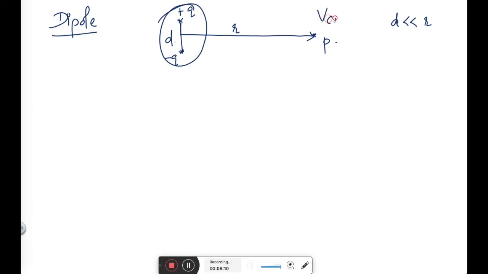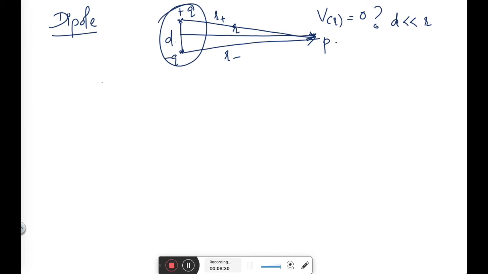Still, is the potential at this point, V of r, equal to 0? Definitely not. We know that there is a potential due to a dipole. To find it, let these distances be r minus and r plus.